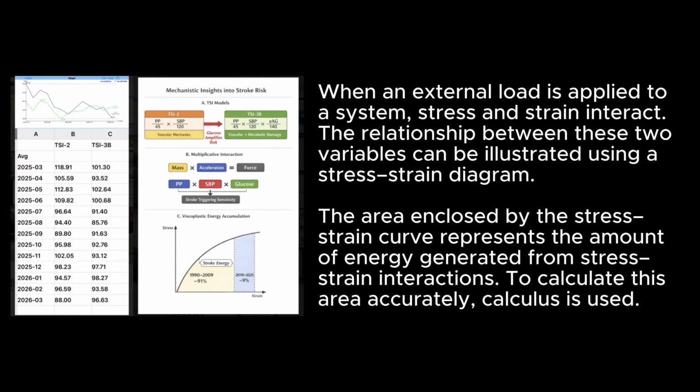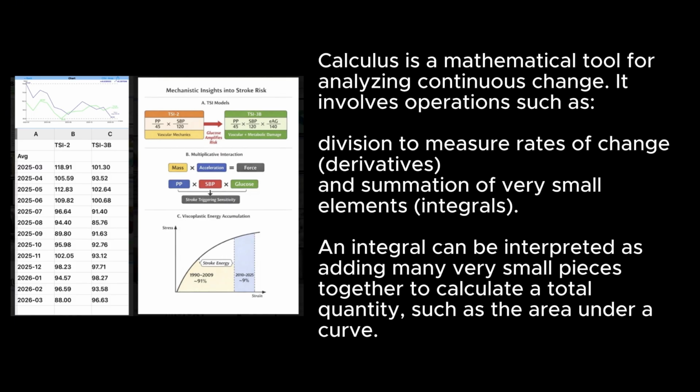When an external load is applied to a system, stress and strain interact. The relationship between these two variables can be illustrated using a stress-strain diagram. The area enclosed by the stress-strain curve represents the amount of energy generated from stress-strain interactions. To calculate this area accurately, calculus is used. Calculus is a mathematical tool for analyzing continuous change.